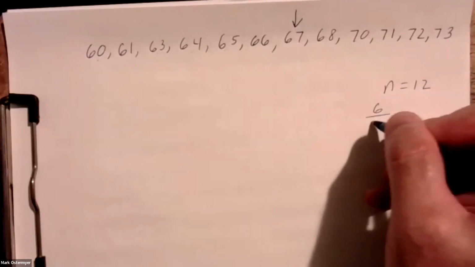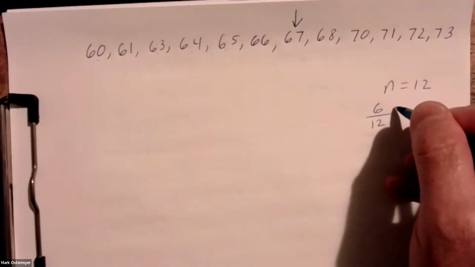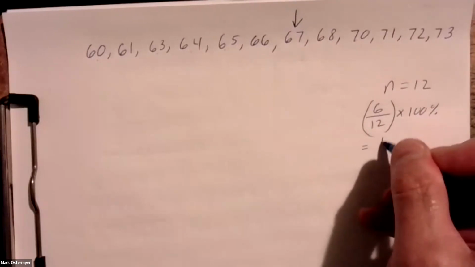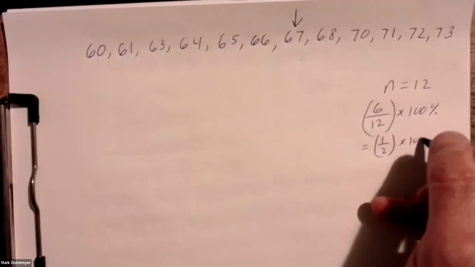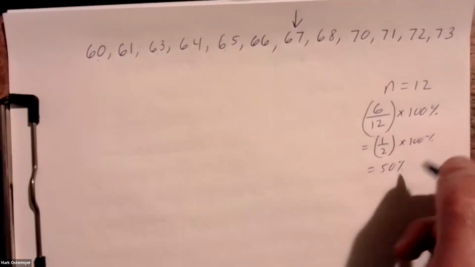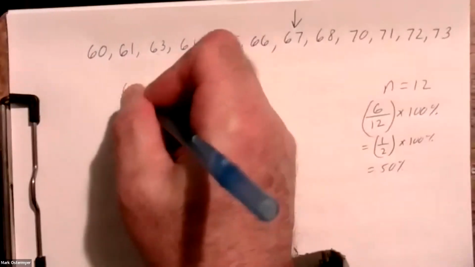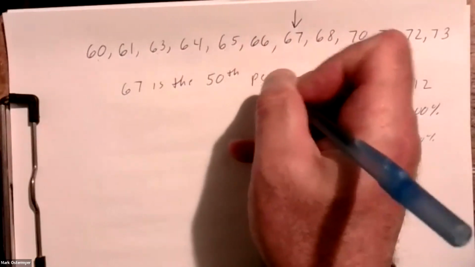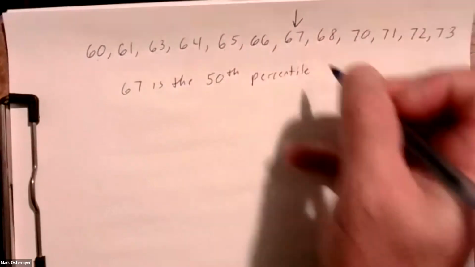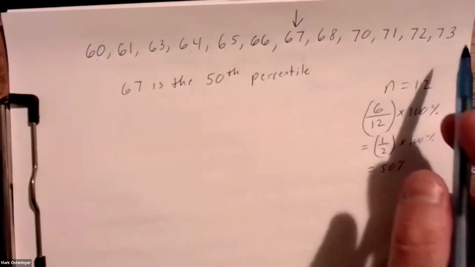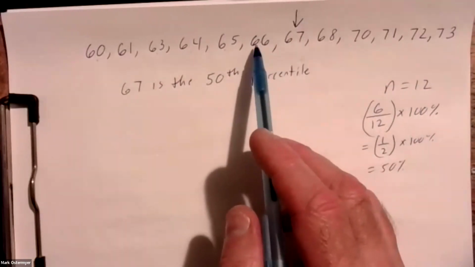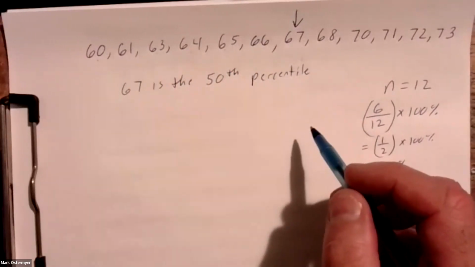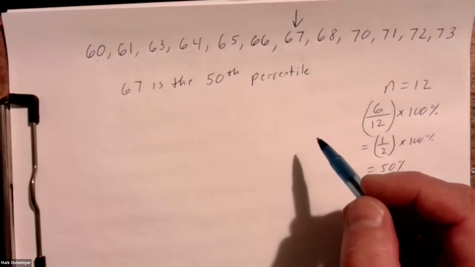And therefore 6/12 times 100% represents what percent? It's 1/2 of 100%, which is to say 50%. So 67 is the 50th percentile.